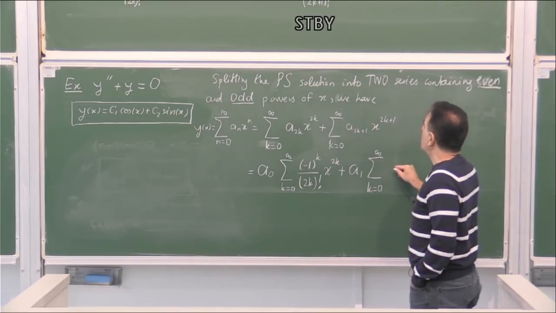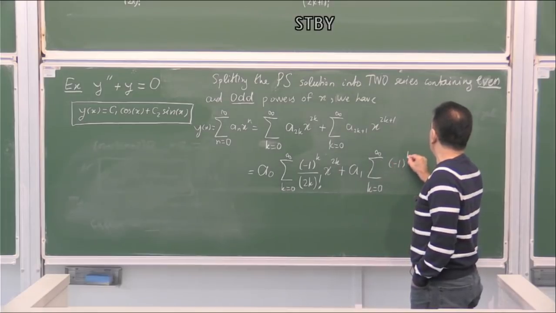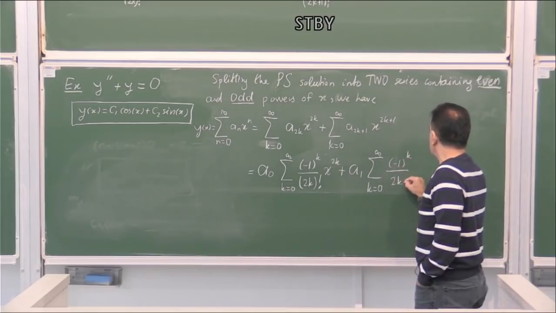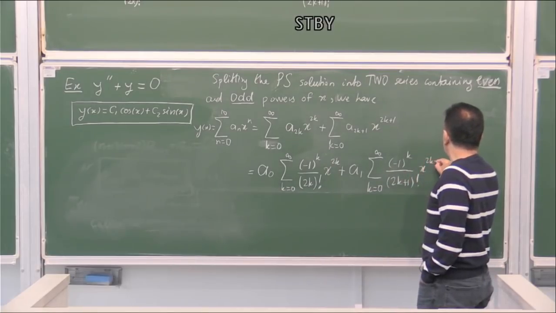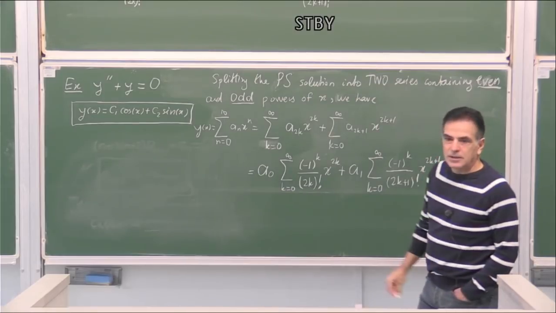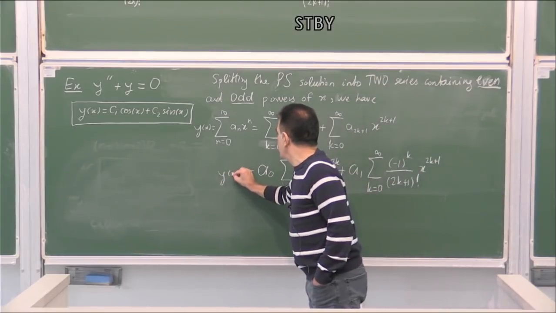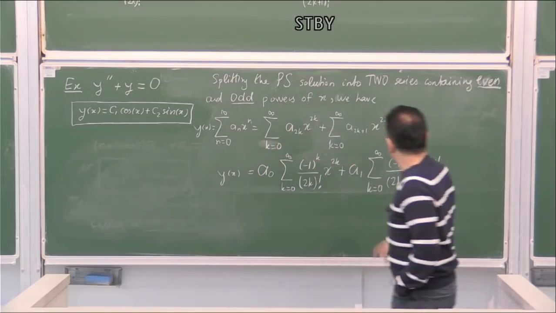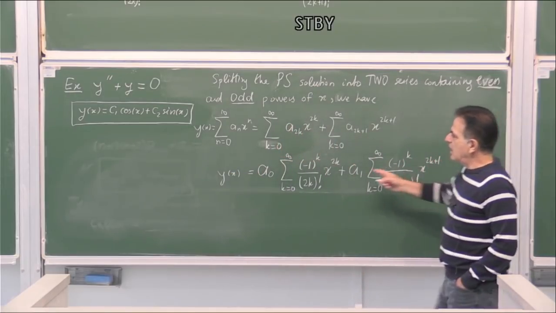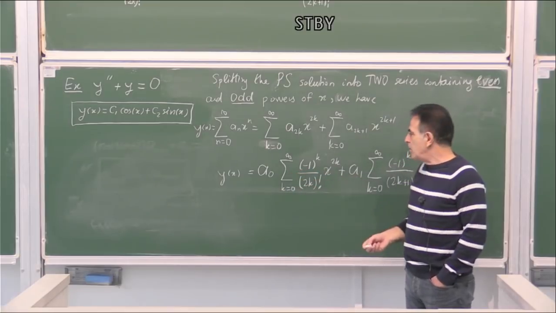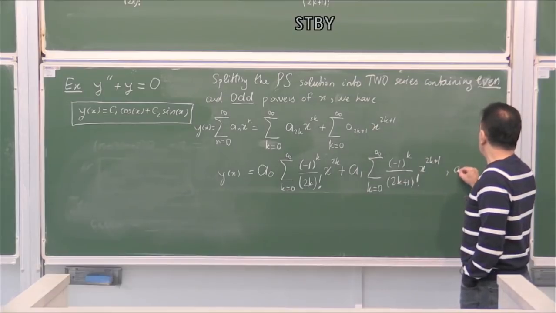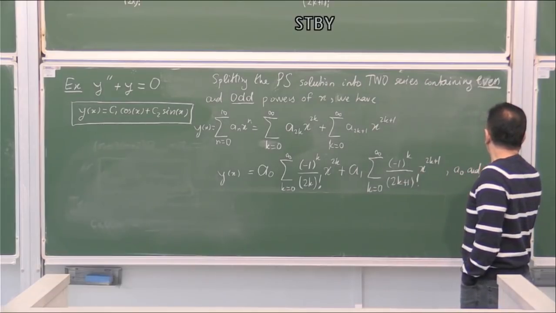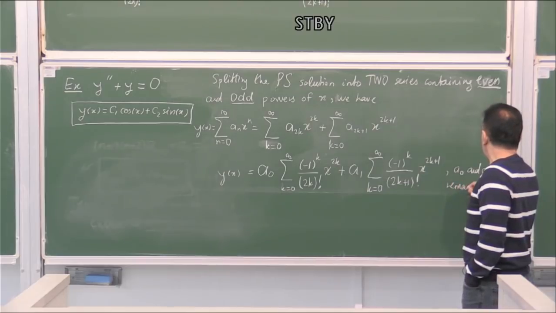A2k plus 1 is written as minus 1 to power k over 2k plus 1 factorial, times x to the power 2k plus 1. Good. So we nicely write down the solutions as a combination of two power series, where a0 and a1 remain arbitrary.